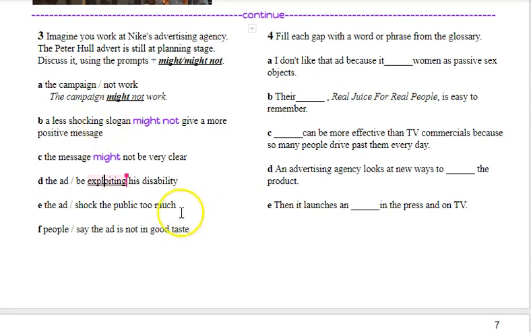Try again. Yeah, you're almost there. And then if you got the correct one, I'll send you a sound effect like ding. That's correct. You're almost there. It comes from the word exploit.